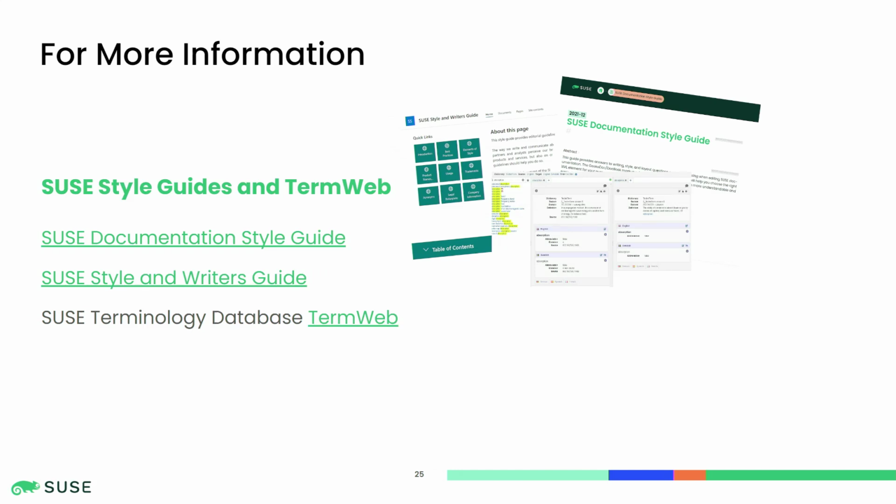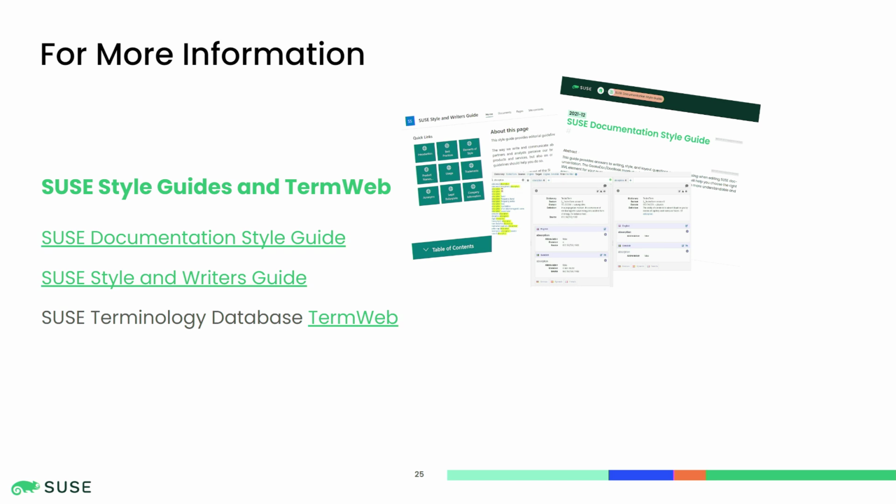And maybe some more resources that you might find useful. Daria, do you want to say something quick about this? If this is interesting to someone who is really ready to contribute, we have our own style guide for technical documentation, which we maintain. And then there's also the general so-called SUSE Style and Writers Guide, mentioned second.